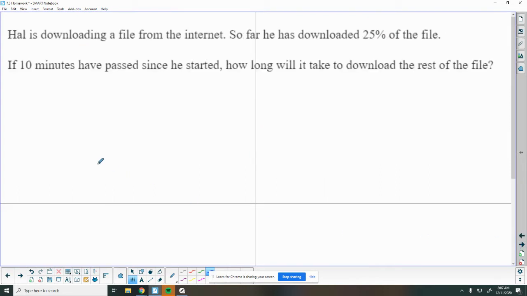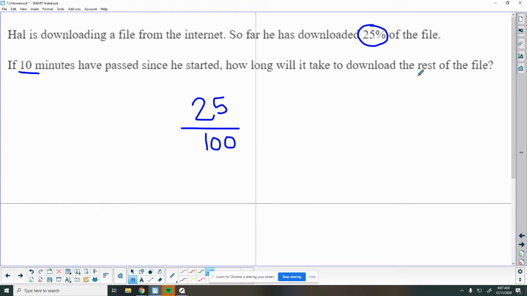Hey, number 2, Hal is downloading a file from the internet. So far, he has downloaded 25% of the file. So we know we have 25%. So we'll just go ahead and write that down, 25 out of 100. 10 minutes have passed since he started. How long will it take to download the rest of the file?